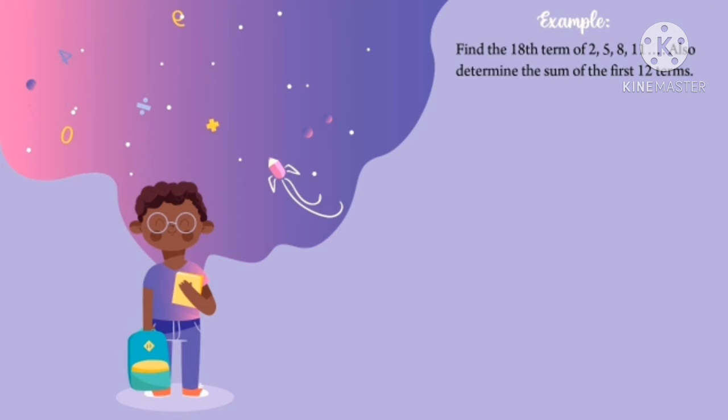For example, find the 18th term of 2, 5, 8, 11, and also determine the sum of the first 12 terms. The answer: n equals 18, b equals 3, u1 equals a equals 2.